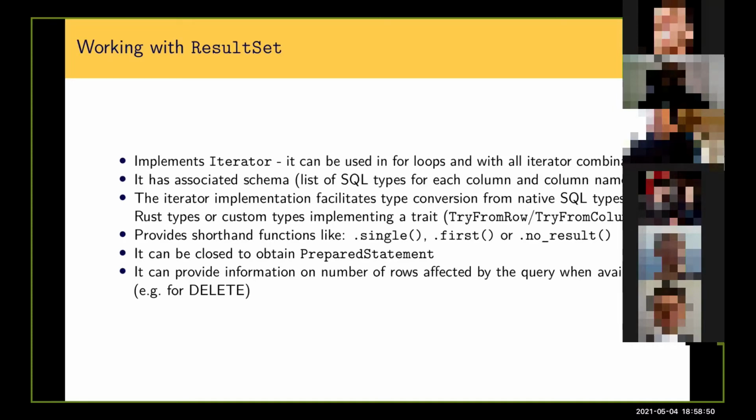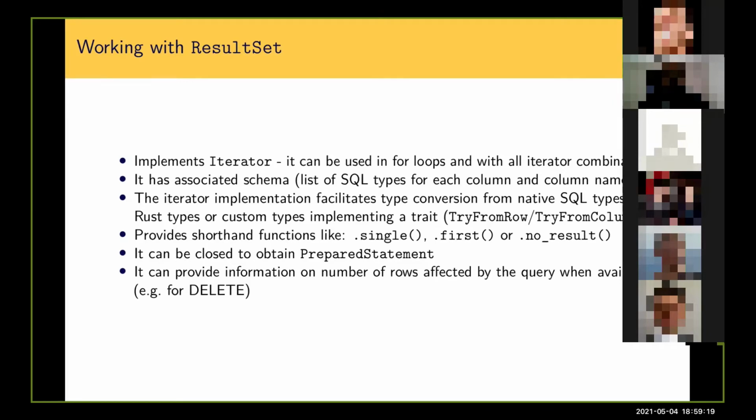You can also ask it for various things, like you can get an associated schema, which will be a list of columns, their names, and the SQL types that they have, which is quite handy when doing things like dumping a table into JSON object format, for instance, or for Avro format as well.